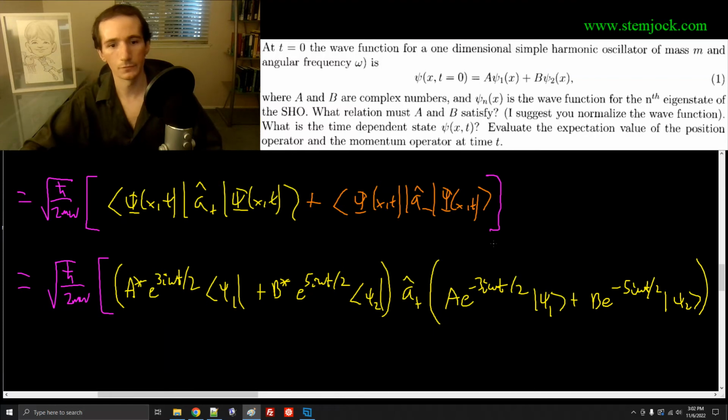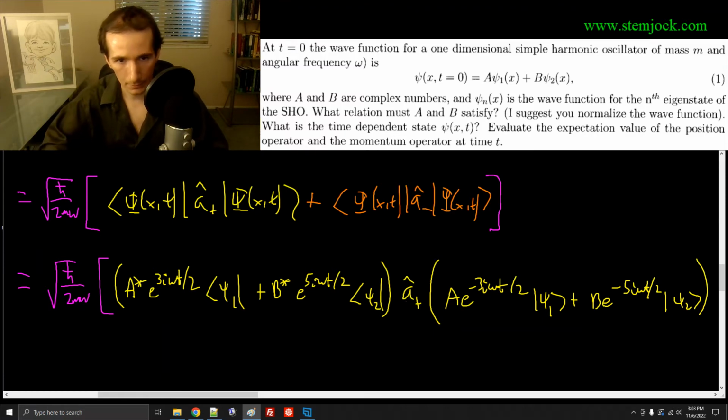So now I'm going to write down the same thing for the orange term, but have an a minus here instead. So just give me 1 second to write that out.